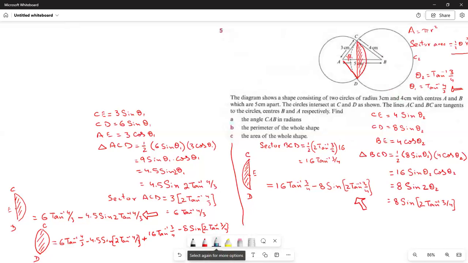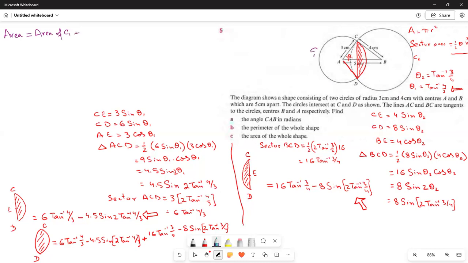Okay, so now the area of this shape is the area of the circle C1, plus the area of C2, minus the area of the shape DC. Remember, I call this circle C1 and this circle C2.